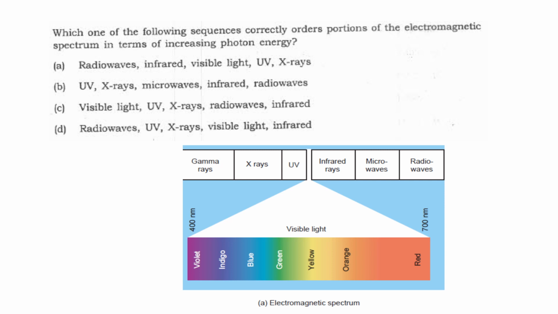So in terms of increasing photon energy, the radio waves will have the least, then infrared, then visible light, UV and X-ray. So option A is correct.